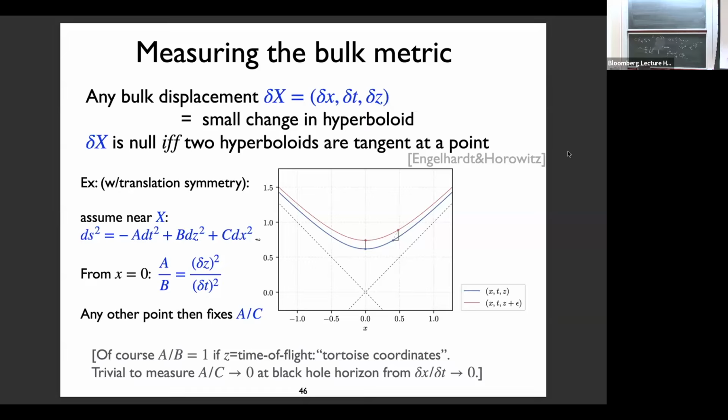Then by looking at one other point on this curve, where now you know the dt squared and the dx squared, there's one of them you don't know, and you can fix it from the other end. So just using two points on this curve, you fix all these metric coefficients up to overall scale. You see it's usually redundant. You have an infinite number of points on this curve, but any two of them would give you the bulk conformal metric.